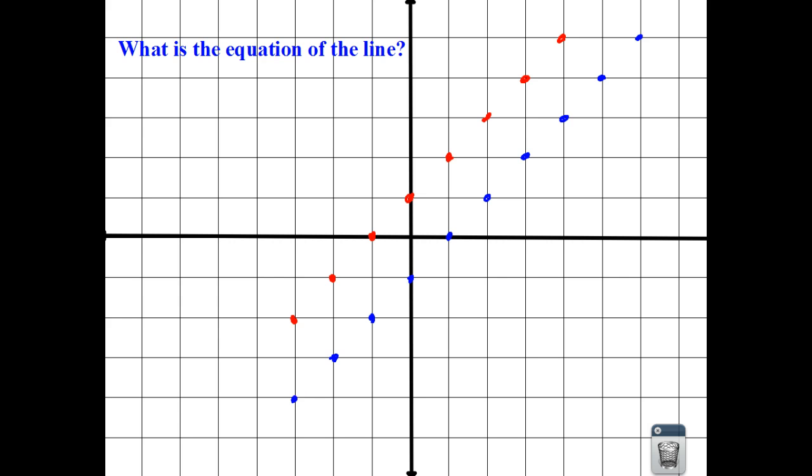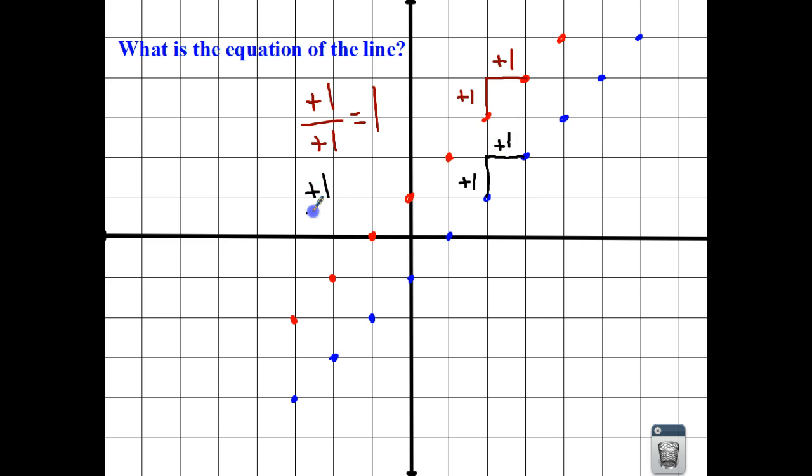So let's check out the slope of the red line. It looks like we're going to go up 1 and right 1. So my slope is going to be 1. And then with my blue line, I'll take any points, how about down here? I'm going to also go up 1 and right 1.